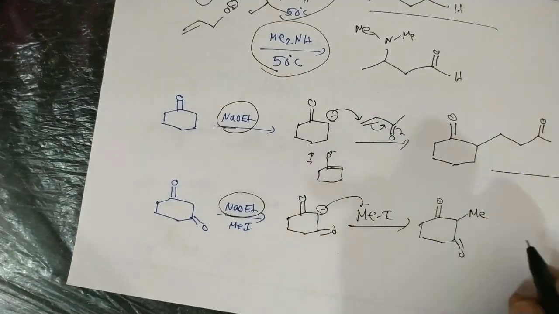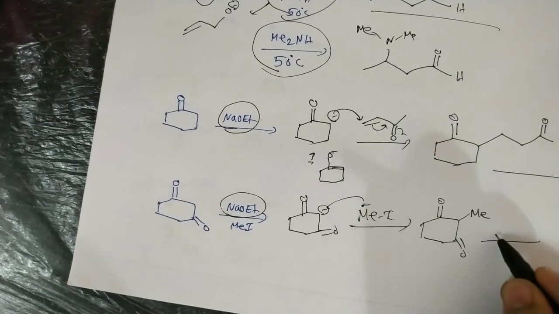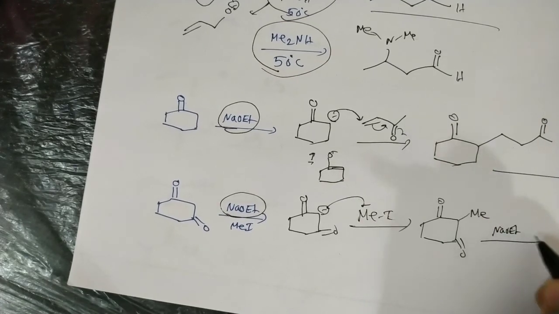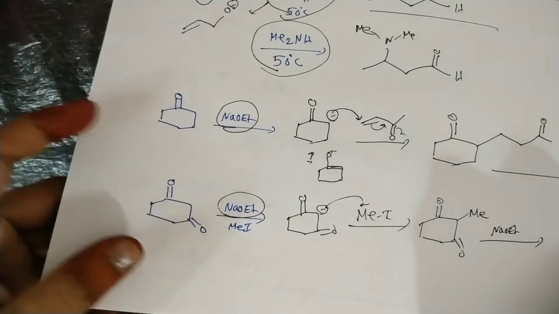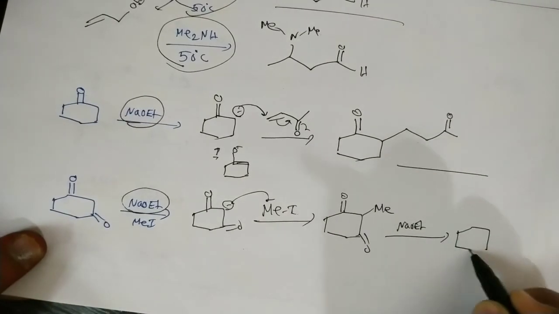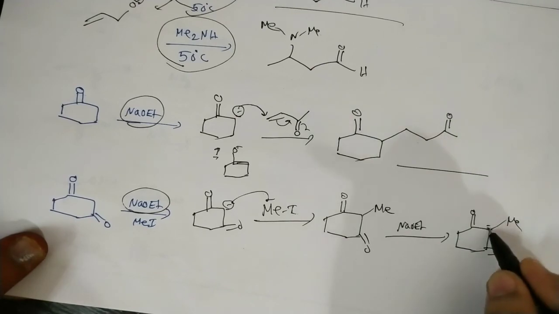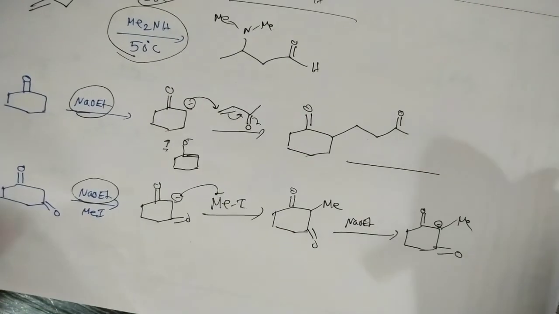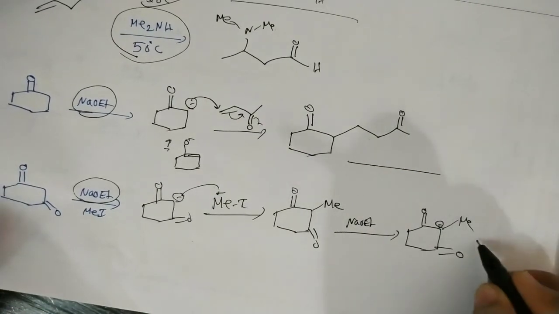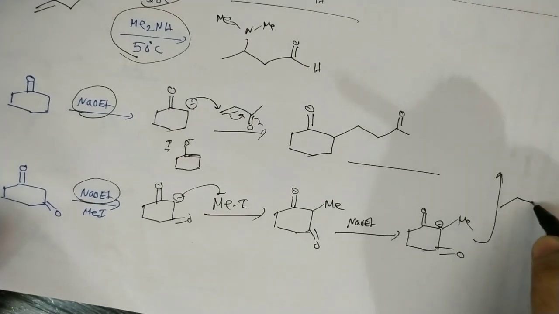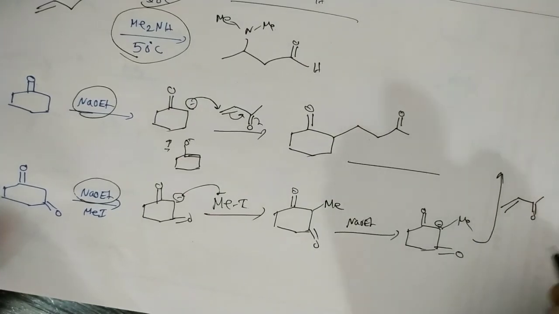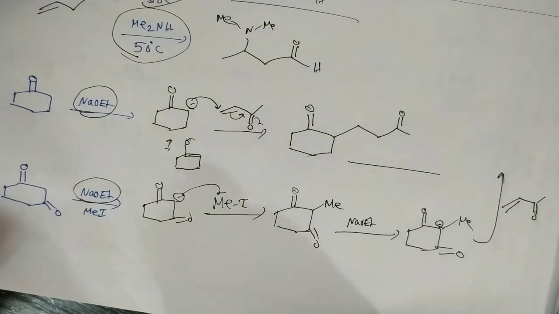And now this enolate again, on reaction with NaOEt, we will get the carbanion. So double bond O and methyl, here a double bond O, the carbanion is produced. Now to this carbanion the conjugated alkene is added. Okay, this is the conjugated alkene.